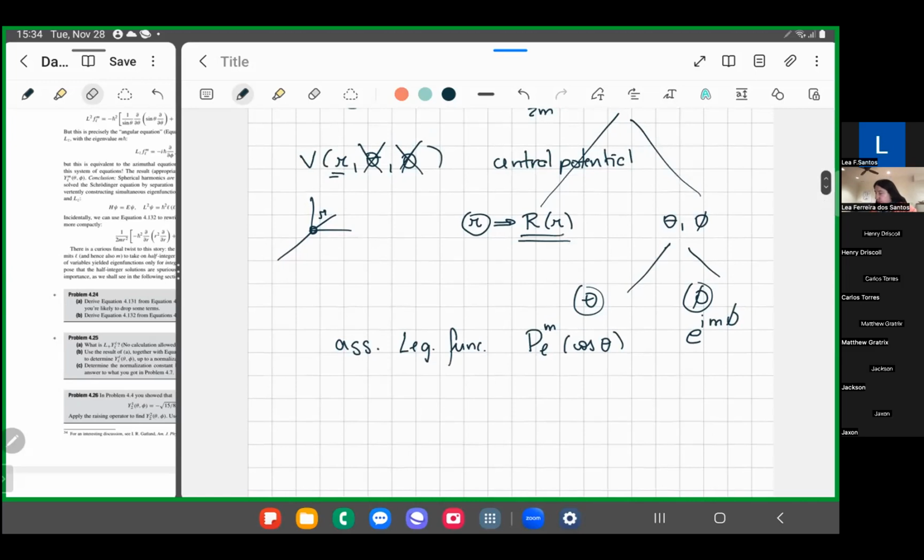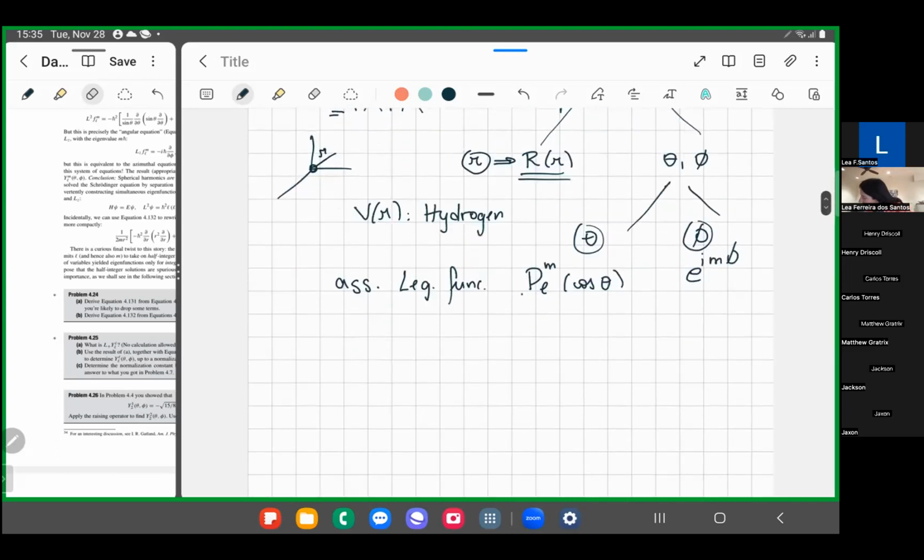This function R that we found here is specific to the potential that we used, which was the potential for the hydrogen atom. This solution here, the part that depends on angles, which we said we wrote with this Y, no?